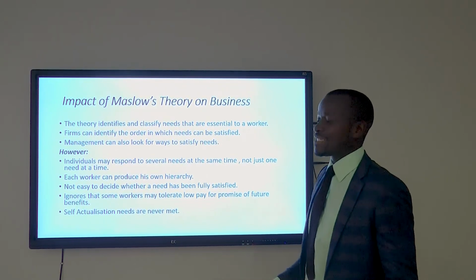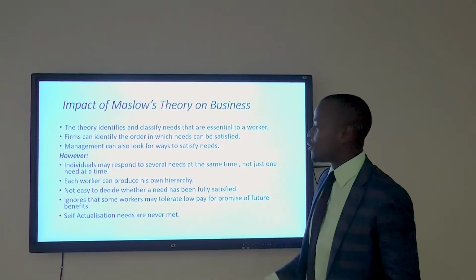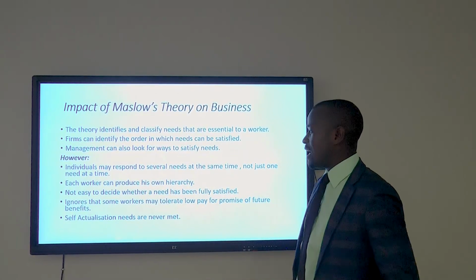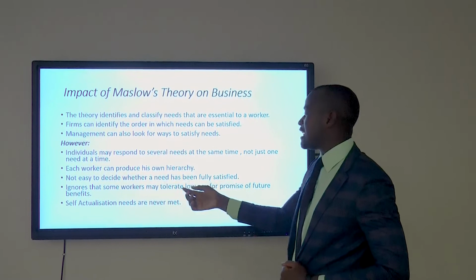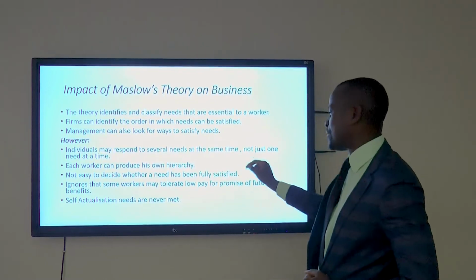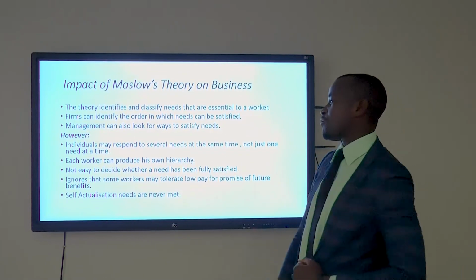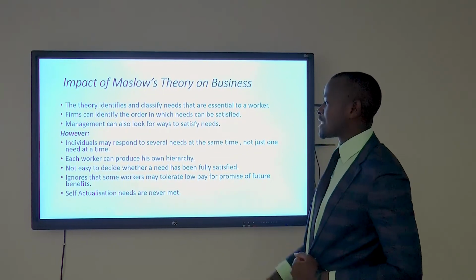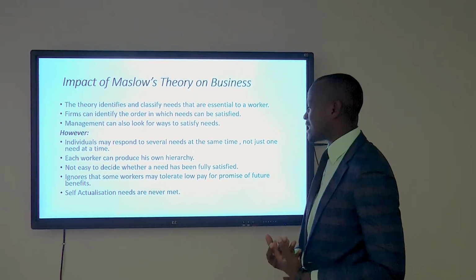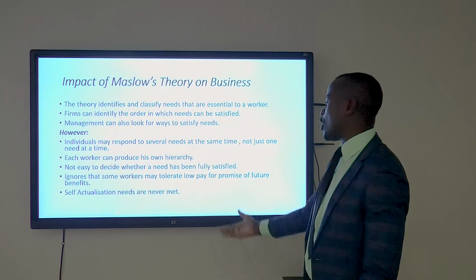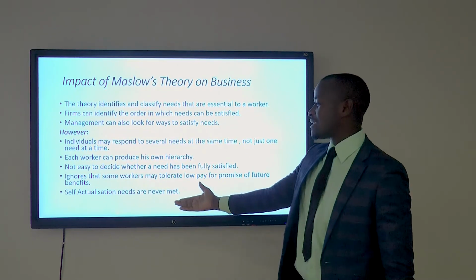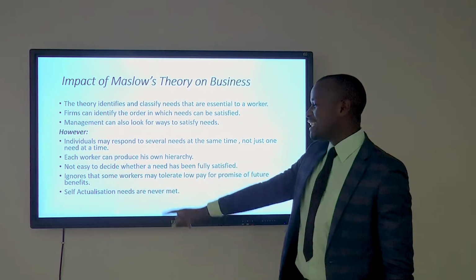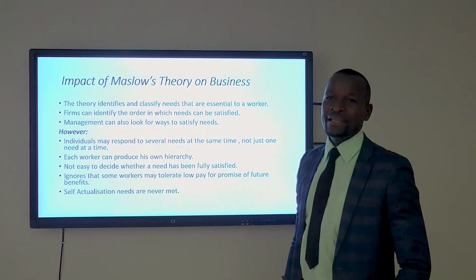It's not always the case that we start with basic needs followed by safety needs and so forth. The theory is also blamed because it is not easy to decide whether a need has been fully satisfied. Maslow's theory ignores that some workers may tolerate low pay for the promise of future benefits. Last but not least, self-actualization needs are never met.